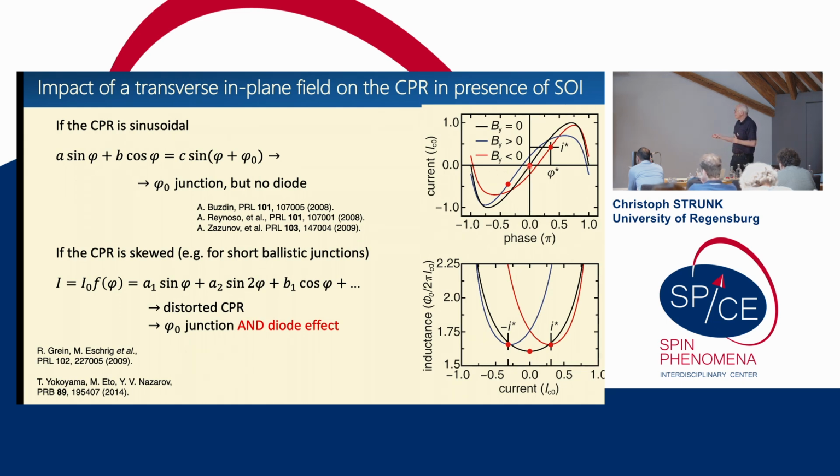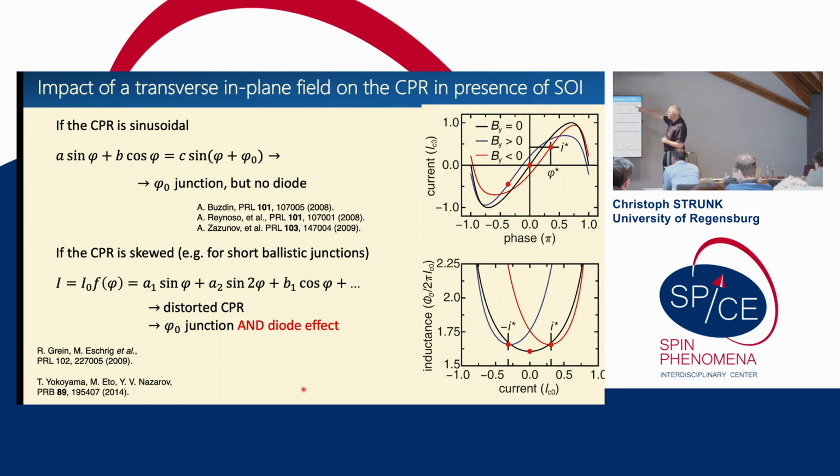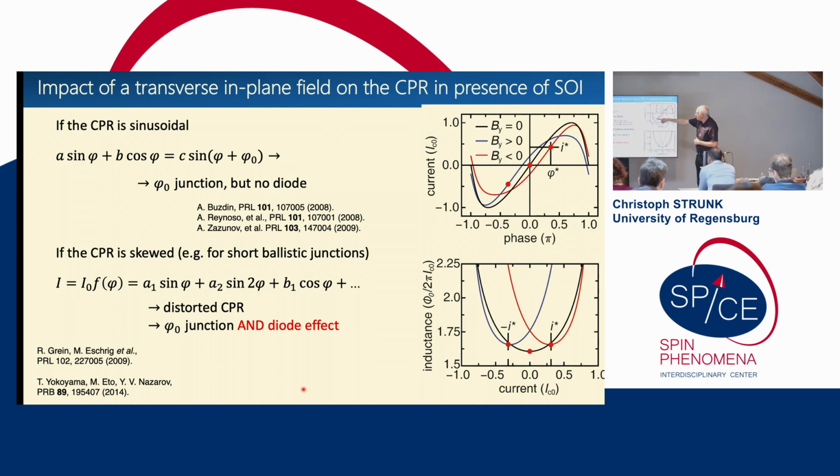So black is in the absence of the cosine phi term. It is our skewed sine. And now if we add the cosine phi term, you see that the superposition of the terms produces a large critical current here for red and a smaller critical current there. It's simply by adding these terms.